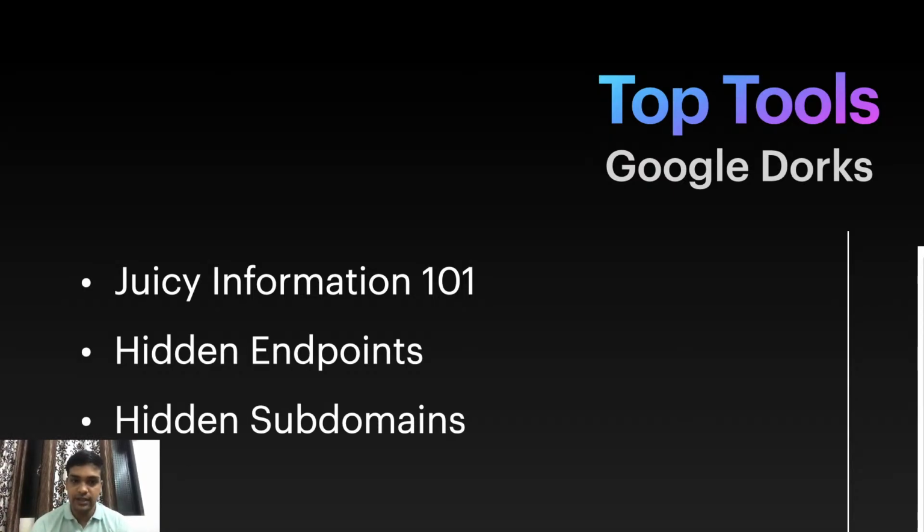Also the GHDB, the Google Hacking Database, has a massive amount of Google Dork queries that you can use for finding sensitive information, hidden endpoints, vulnerable servers, and a lot more. So I recommend going on GHDB, and you may find a lot of Google Dorks that you can utilize for sure.